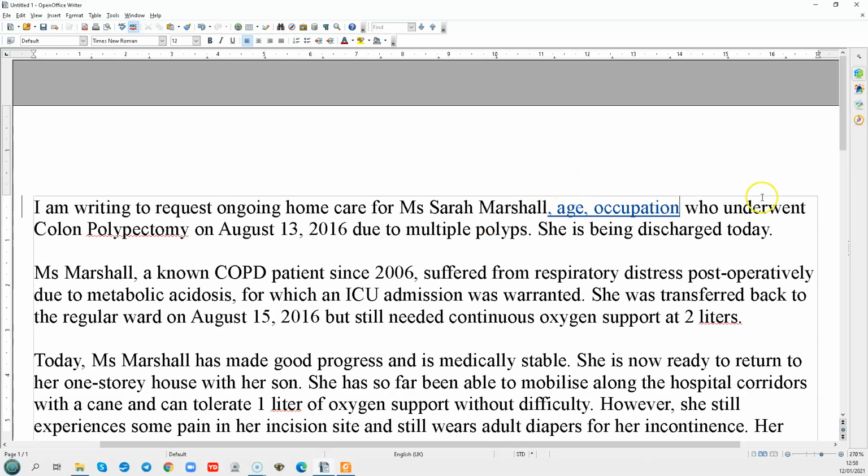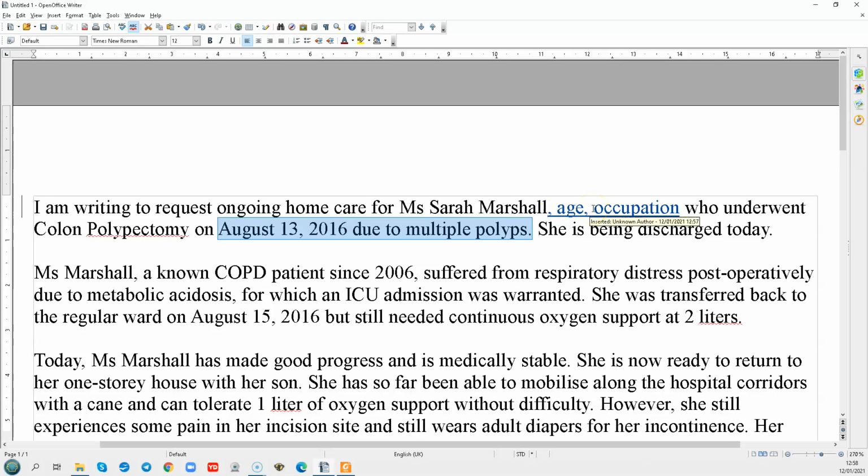So, we don't need this here. You can put that further down in the letter. All we need here is the purpose. Why is explained a little bit later. So, I'm writing to request ongoing home care for Miss Sarah Marshall, aged 73.